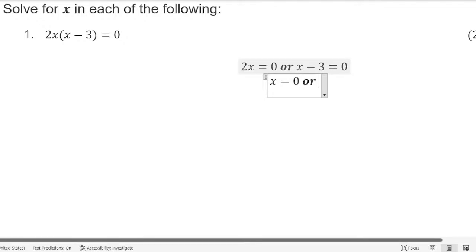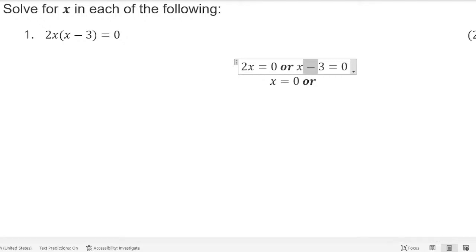Or then here we have x minus 3 is equals to 0. So remember this is a linear equation, we're going to take 3 to the right hand side, so we're going to transpose 3 to the right hand side. Remember, the 3 is negative 3. So when you transpose a term to the other side of the equation, the sign changes.